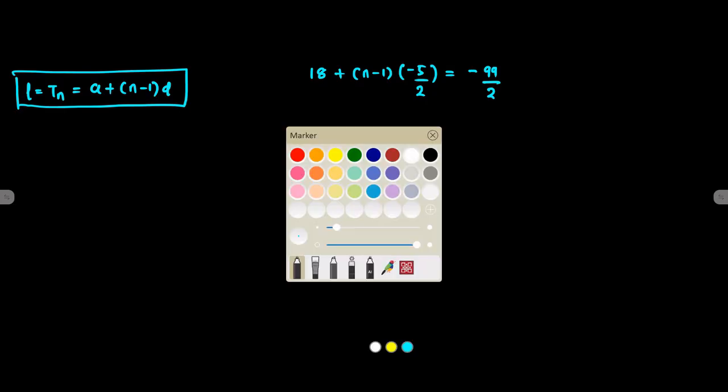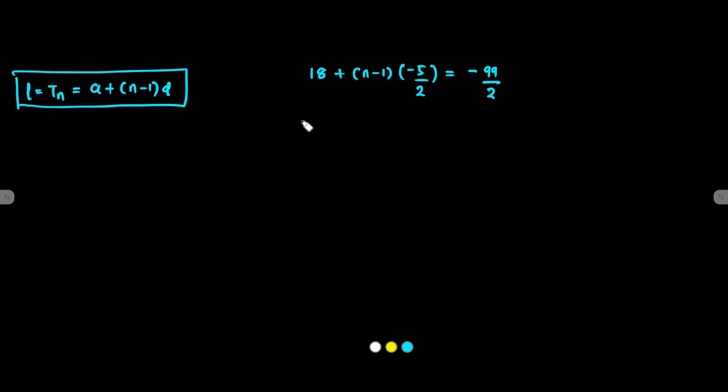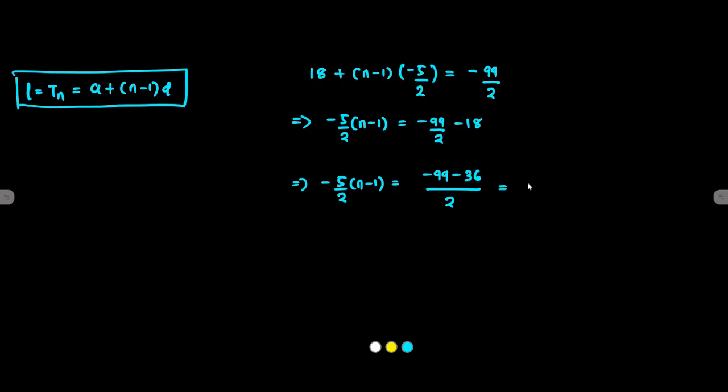That implies minus 5 by 2 into n minus 1 is equal to minus 99 by 2 minus 18. That implies minus 5 by 2 into n minus 1 is equal to minus 99 minus 36, which is equal to minus 135 by 2.